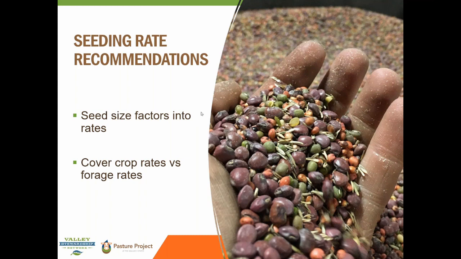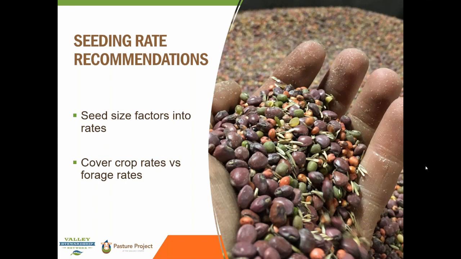And then when you're looking at putting together your seeding rates for a particular field or area, there are differences between what I would call a cover crop rate versus a forage rate. Forage rates are typically higher because we're wanting to produce as much forage as we can on top, as well as the benefits of the root systems.